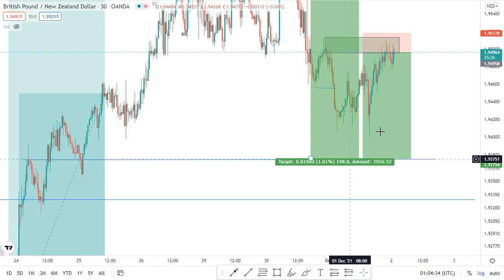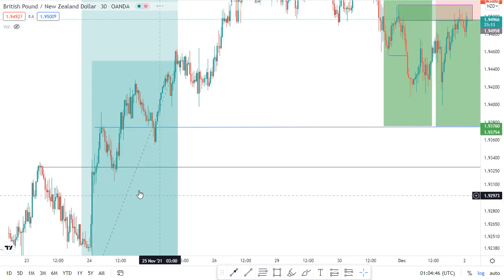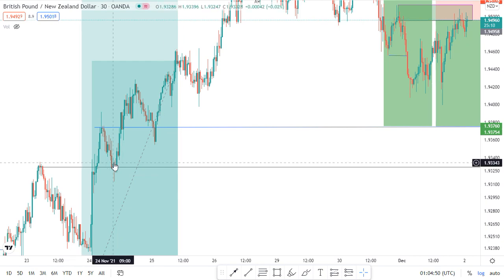But here also, if you check the supply and demand rule, you can see here that now the demand has taken power. So if the market comes back here, we have to know that the market has to buy.